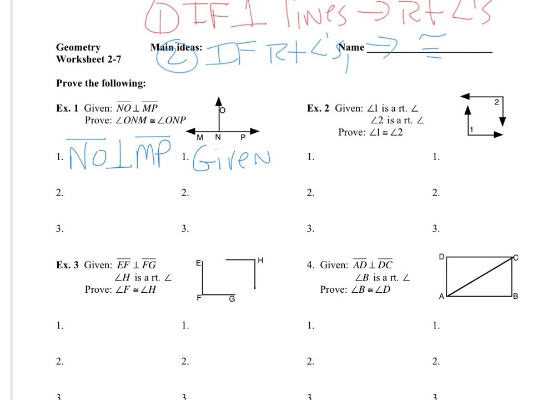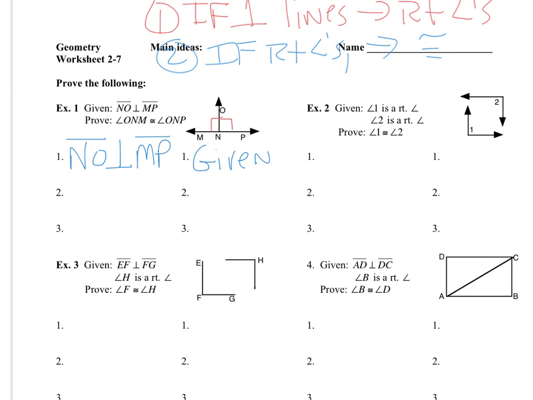So since we have NO perpendicular to MP, we're going to mark our diagram with two right angles, as such. Whenever we have a perpendicular situation, the next thing we're going to do is establish the right angles.